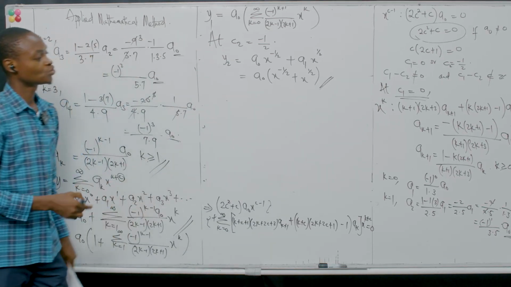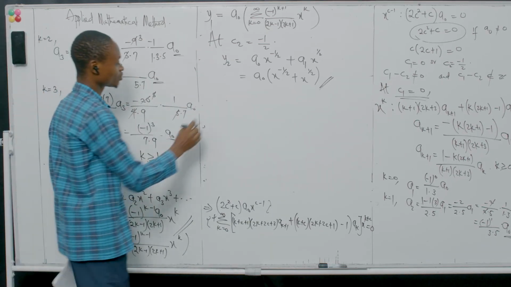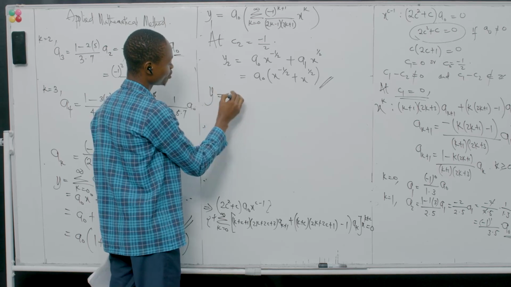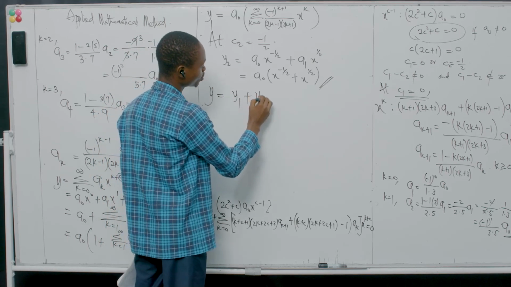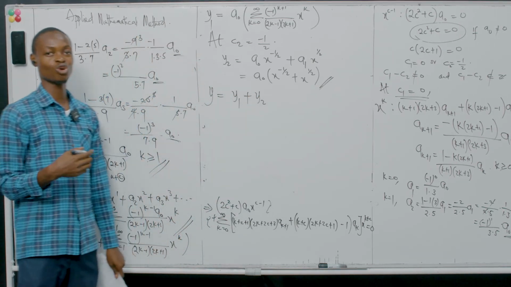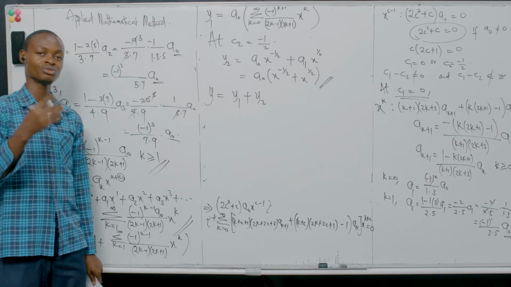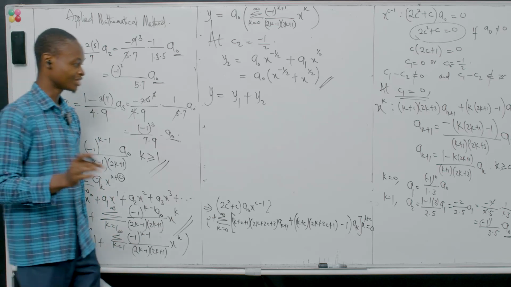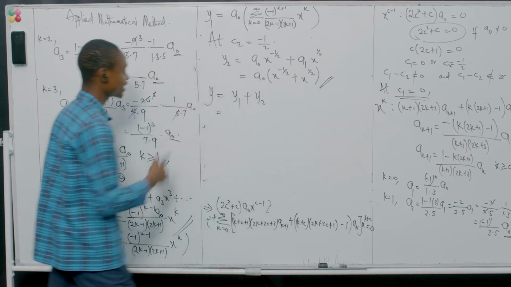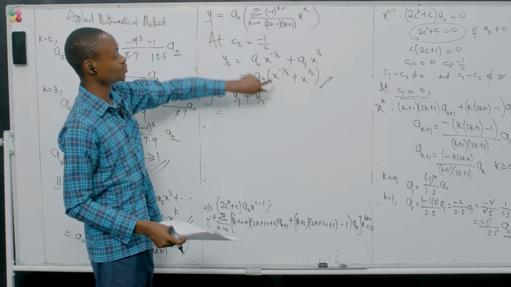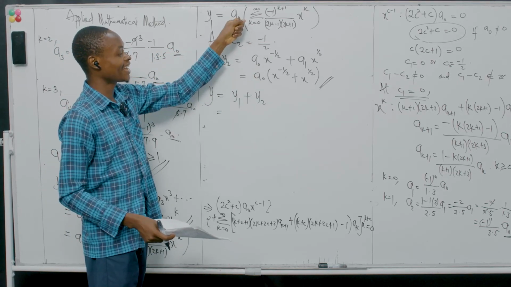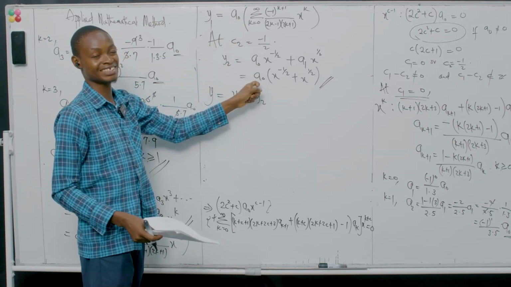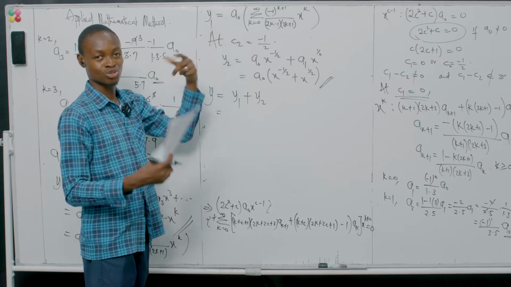Now, to get the final result, y will now be equal to y1 plus y2. Think of it as when we are doing your normal differential equation, you are doing y is equal to yc plus yp, which is complementary plus particular. We are using the same pattern. So here, we will now add this one to this one. But because we know that A naught here is not the same thing as this A naught, we will denote it by a new letter.